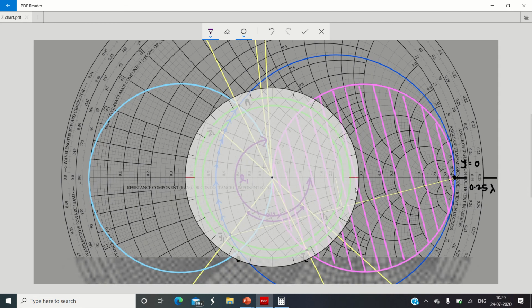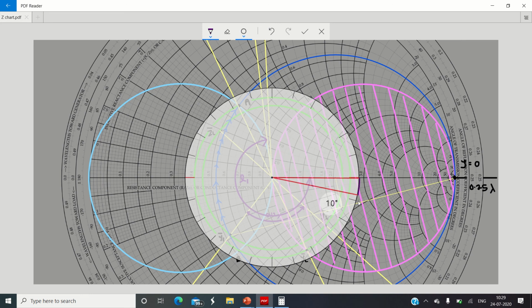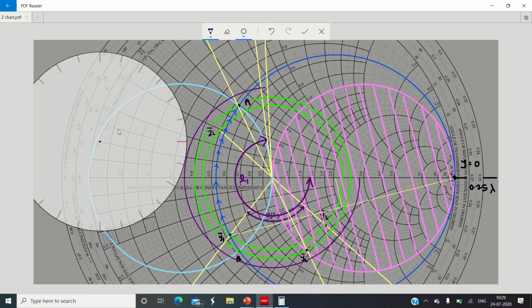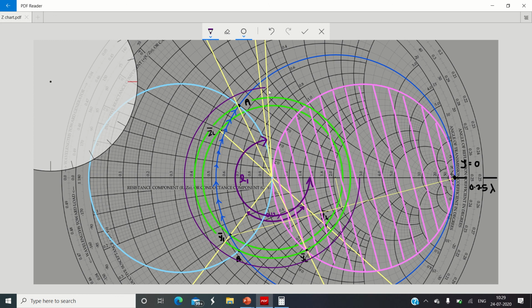I will draw it from here to this particular line. This is just for the purpose of showing the distance. You can remove this. You mark the arrow direction over here. This is the distance starting from y equal to 0. Starting from this point, you go all the way along this. What this purple color line indicates will give you the length of the second stub.